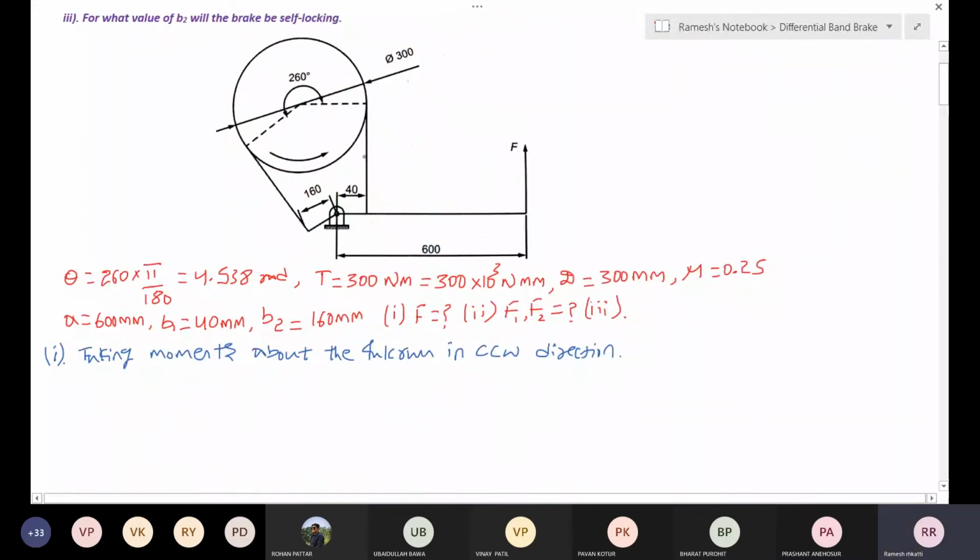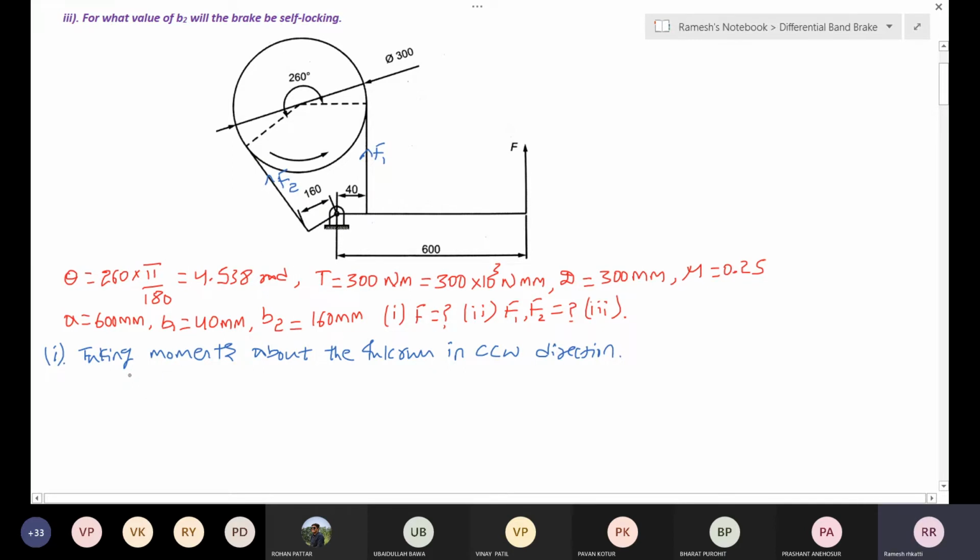This is upward, this is F1 and this is F2. Why? Because when it is rotating in anti-clockwise, there will be tension at this end and there will be slack. That's why the tension in tight side we take as F1 and the tension in slack side we take as F2.